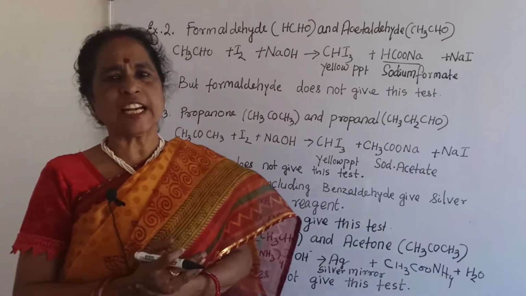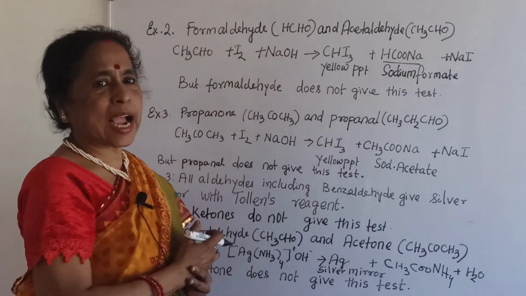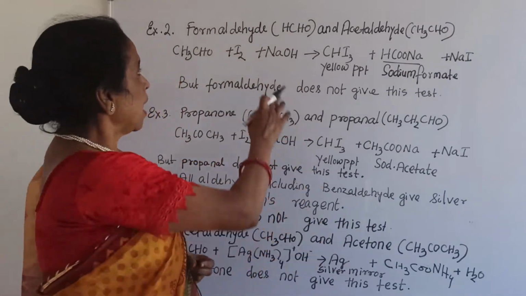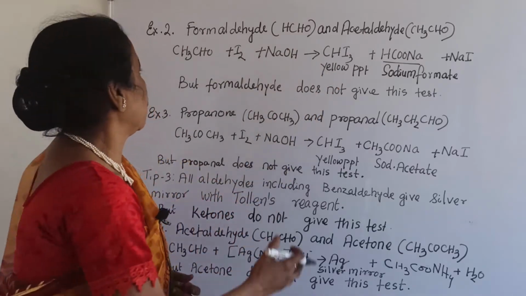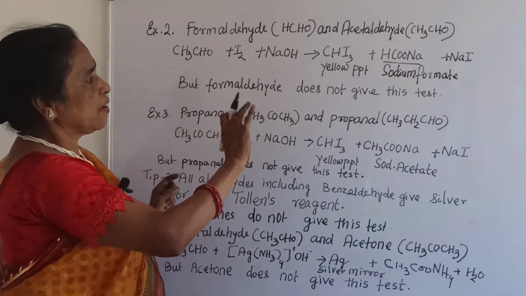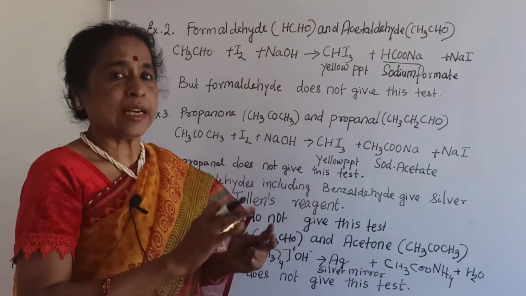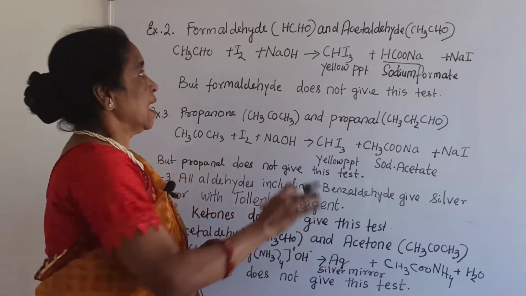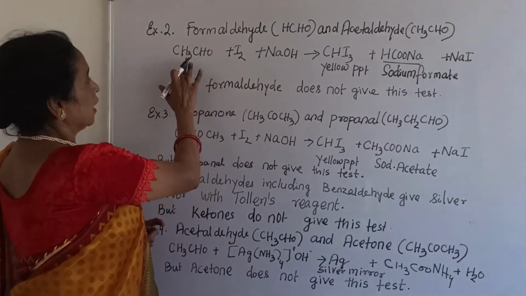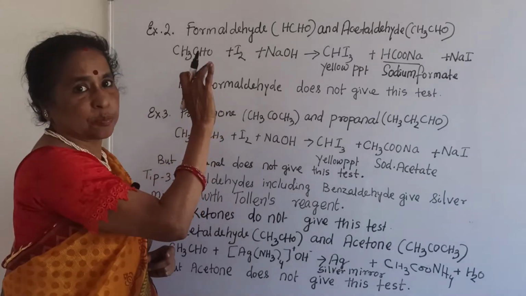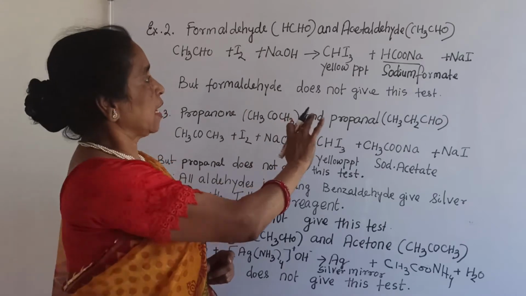Now come to the second example: formaldehyde and acetaldehyde. Formaldehyde is HCHO and acetaldehyde is CH3CHO. Formaldehyde will not give the iodoform test, as we know, but acetaldehyde will. That is why you take CH3CHO plus I2 plus NaOH, in the presence of sodium hydroxide and iodine.